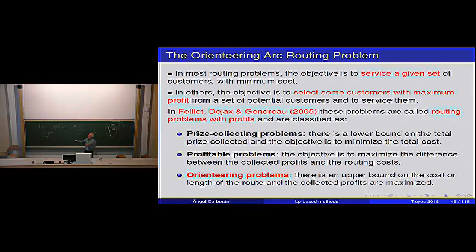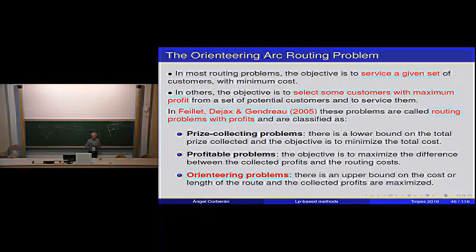They call them routing problems with profits, and they classify them as price collecting problems, in which, take a look first at the objective, the objective is to minimize the total cost. Of course, to minimize the total cost, you have several customers that you can visit. If you visit them, you earn some profit.